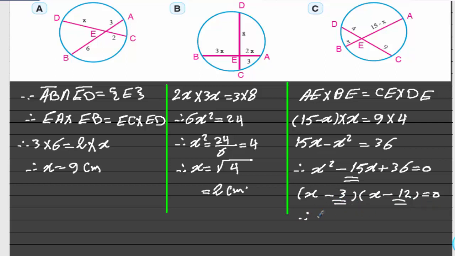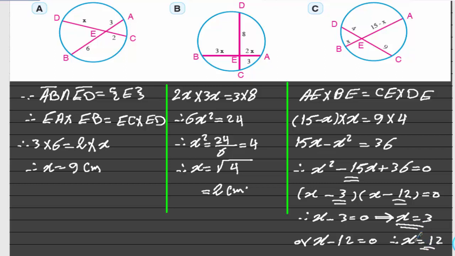So x equals 3, or x equals 12. So we have two values of x.